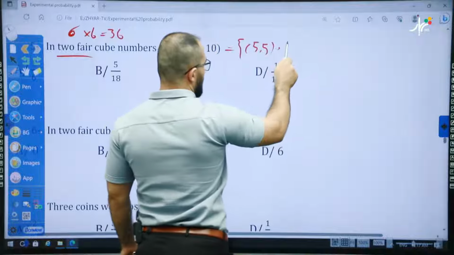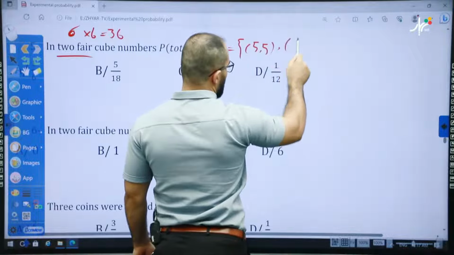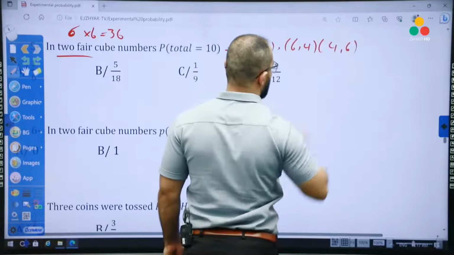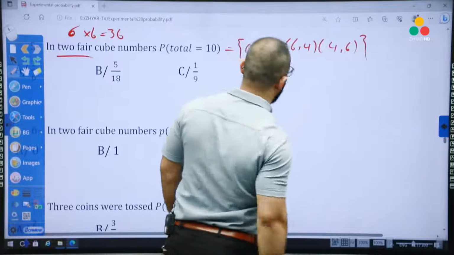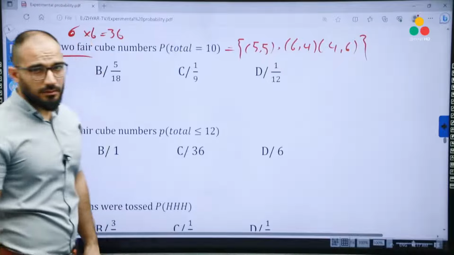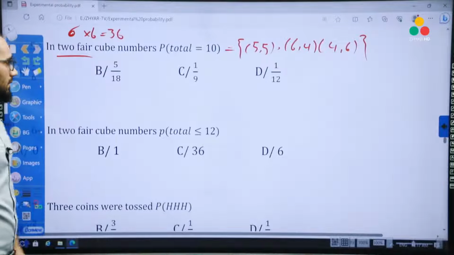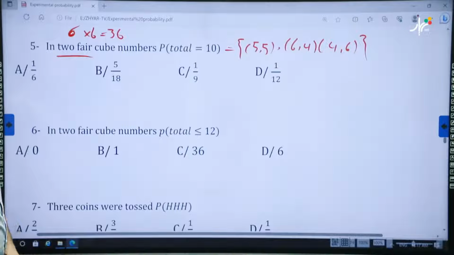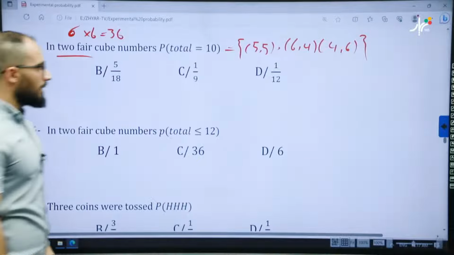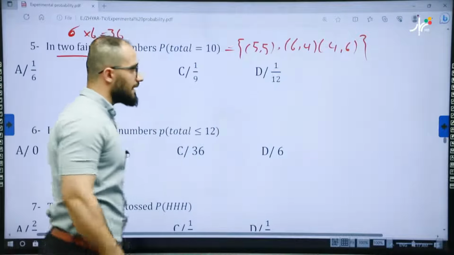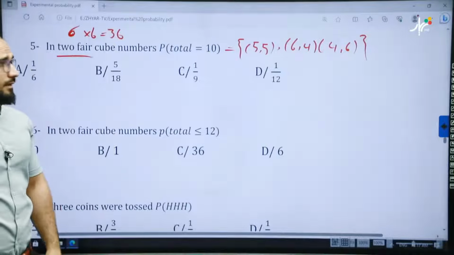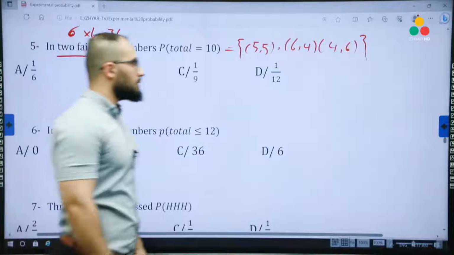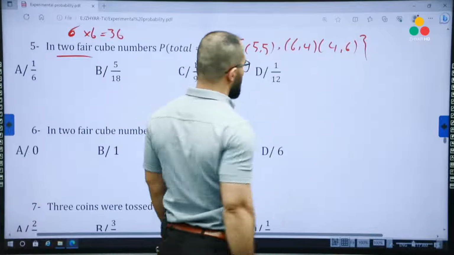Then, 6 plus 4, and 4 plus 6. Do you have any other results here? We don't have any others, because 5 plus 5 is equal to 10, and also 6 plus 4 is equal to 10, and also 4 plus 6.